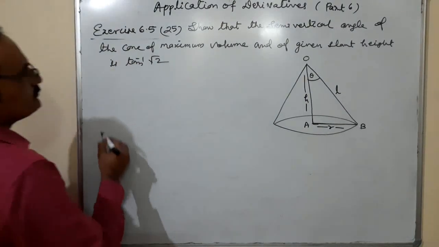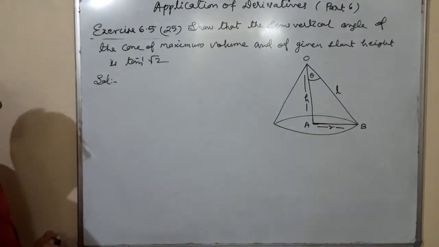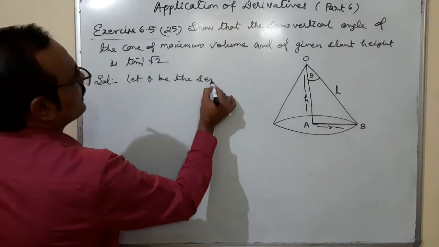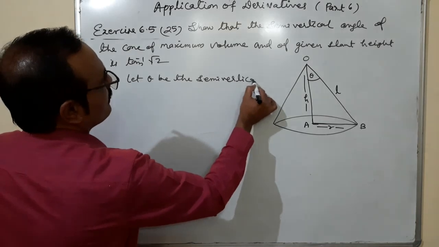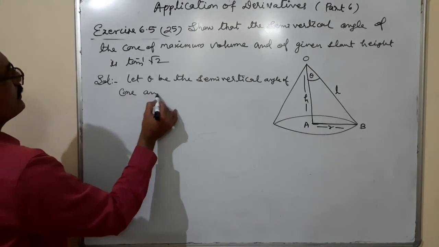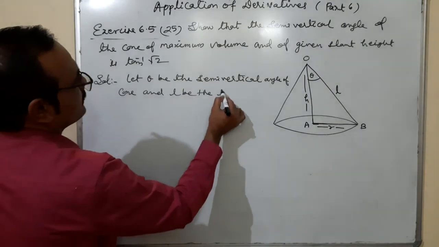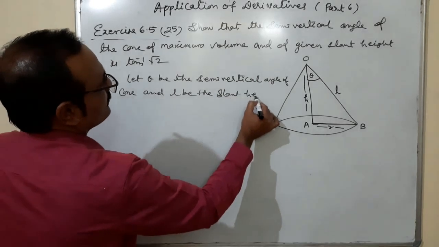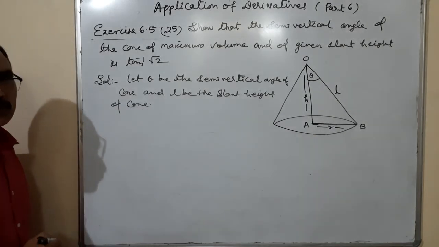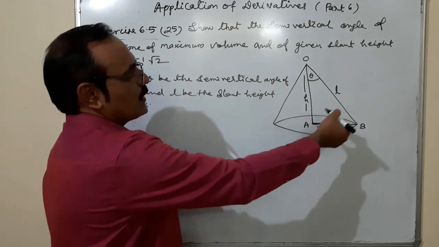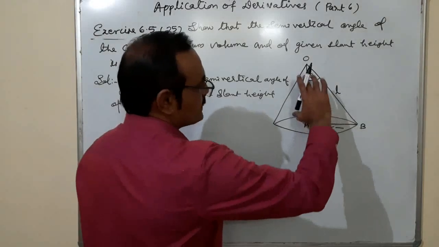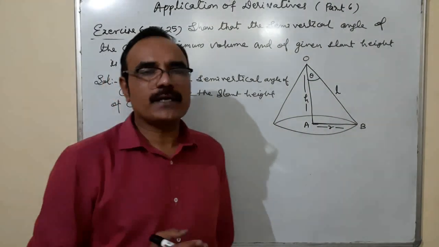Let theta be the semi-vertical angle of cone and L be the slant height of cone. O is the height, AB is the radius. Volume is equal to 1/3 pi r square h. Two things are required, radius and height, but we are converting them in terms of theta and L.